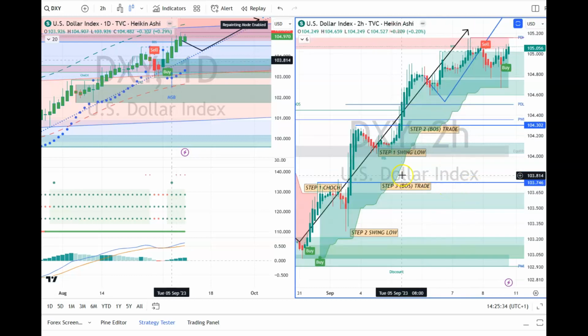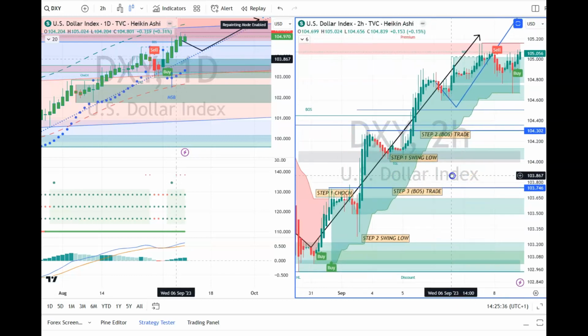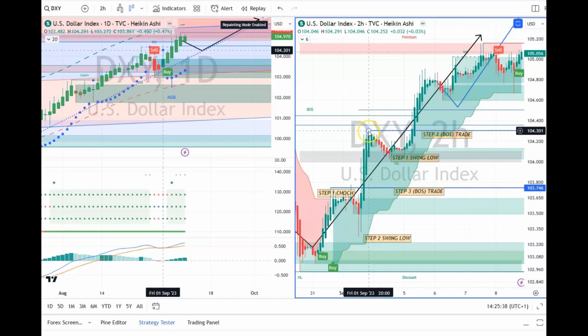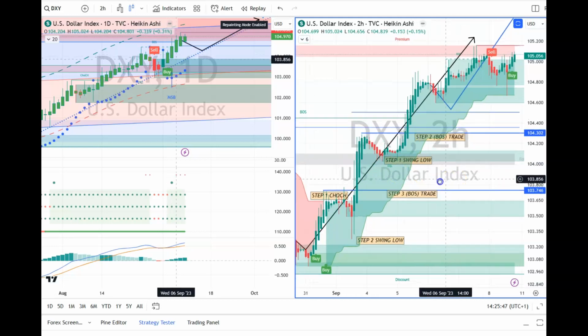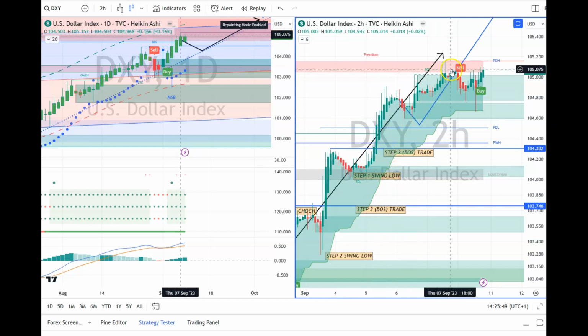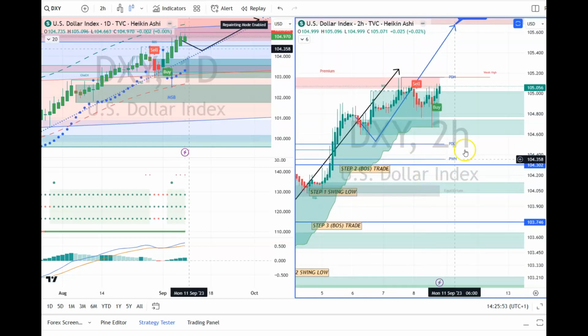Are you buying cheap? Yes, you are. You know the previous high, 104.30, that is your tradable event, break of structure. Put your stop at the previous swing low or just below and go for 2 times risk reward. Simple as that. And I'll show you some other examples as we go along.